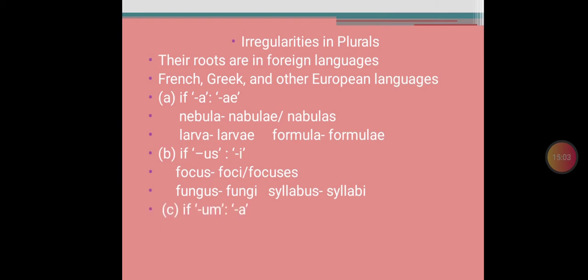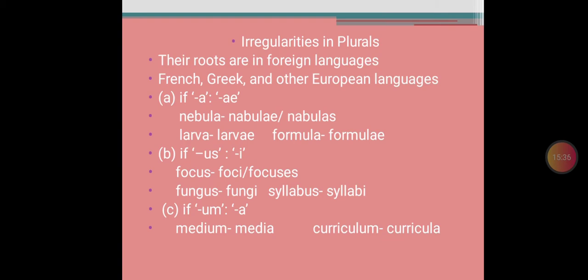One more. If a noun ends with um, then for plural add a, removing um. For example, medium. At the end, we removed um and added a. So medium is singular, media is the plural form.